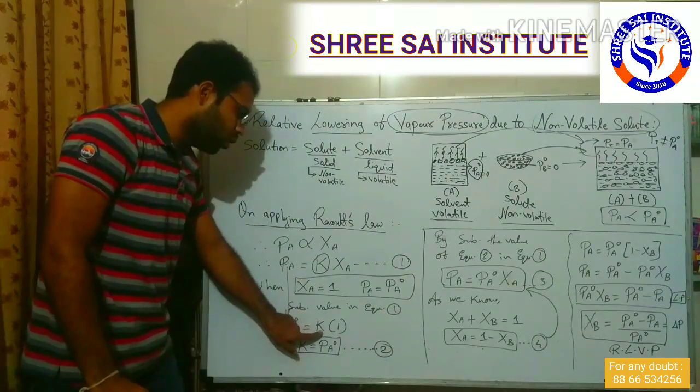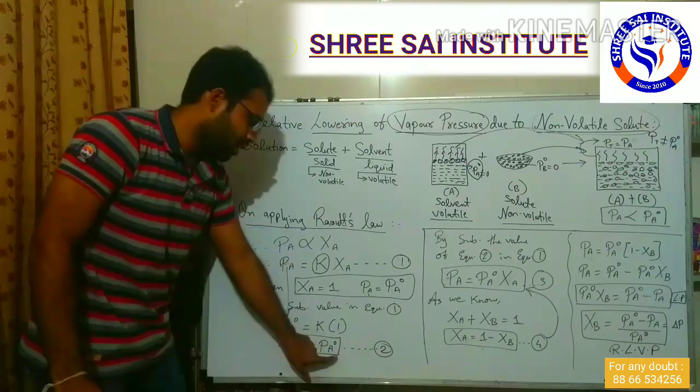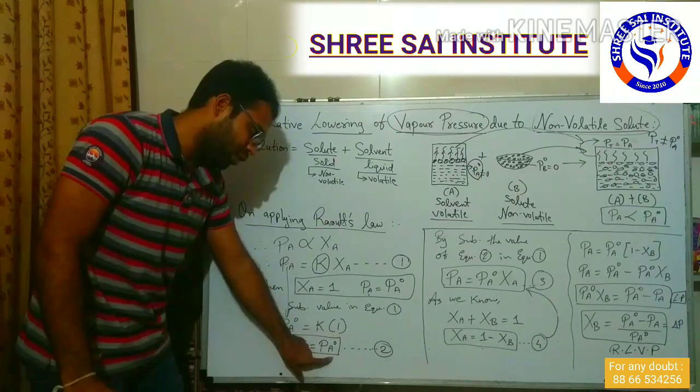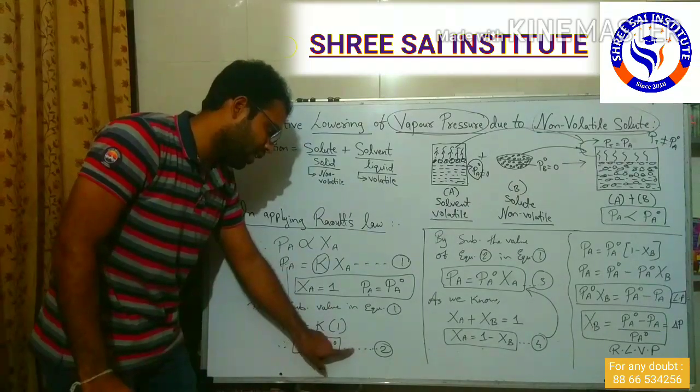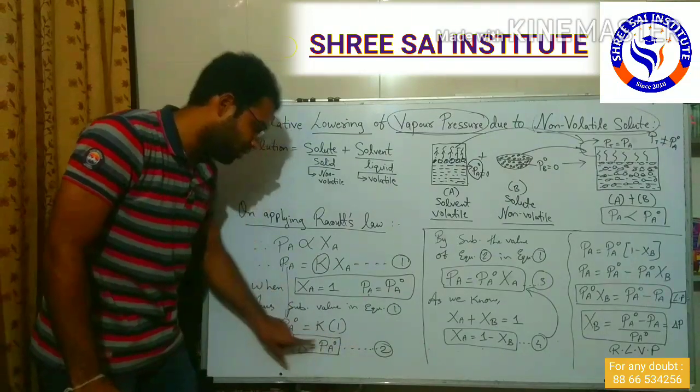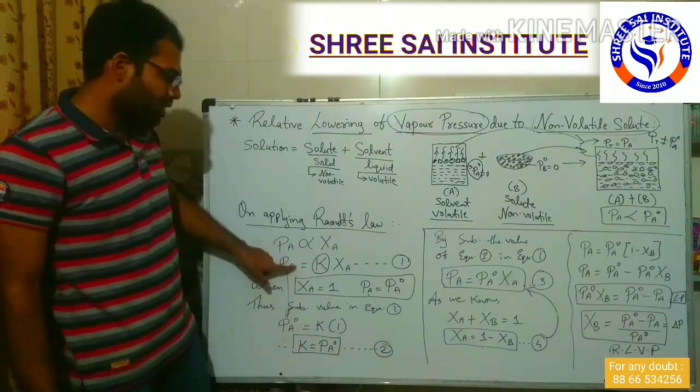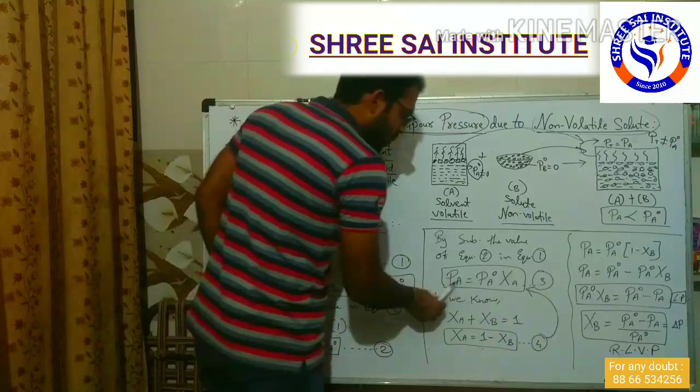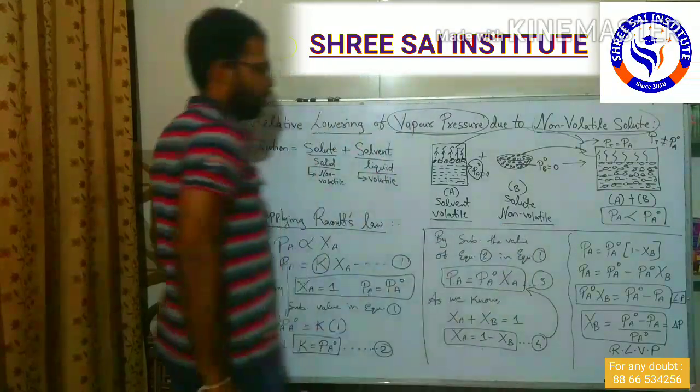Therefore we get the value K equal to Pa naught. Now when we substitute the value of K in the first original equation, we get Pa equal to Pa naught Xa.